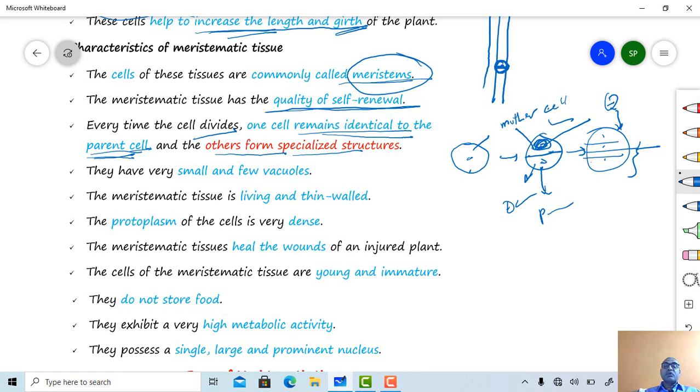They have small and very few vacuoles. Generally, it is considered that meristematic cells do not possess vacuoles, but very small and few vacuoles are present.